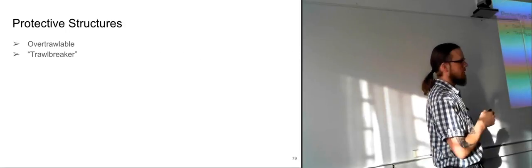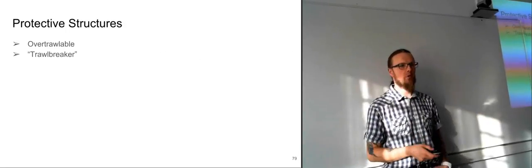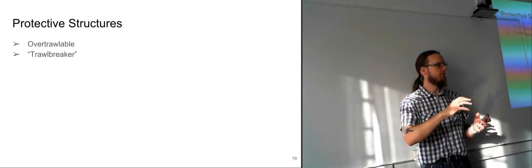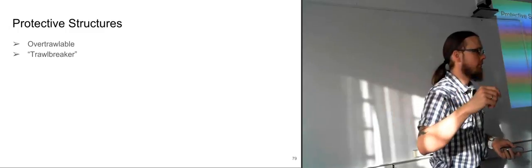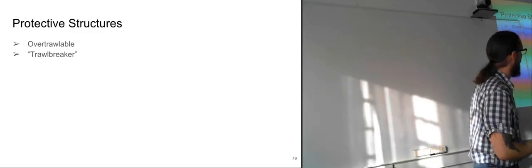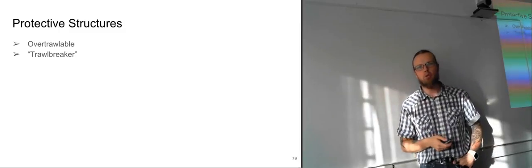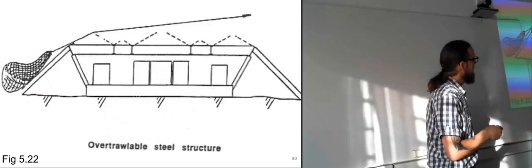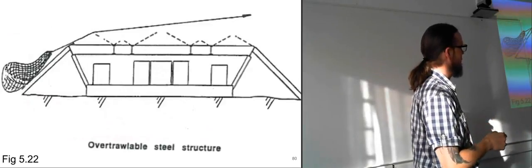But then you also have the ones that are trawl breakers, where it will basically catch a hold of the trawl and it will just keep it there until the ship breaks the line. Because the ship will just keep on pulling, and after a while the wires will just be broken. So here you see a figure of an over-trawlable structure.